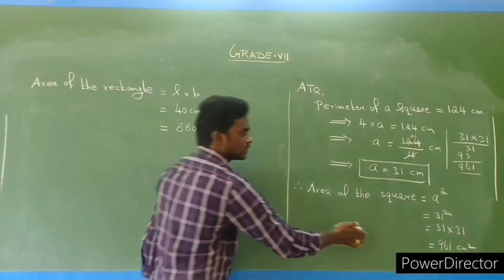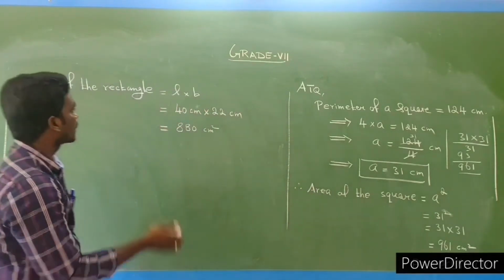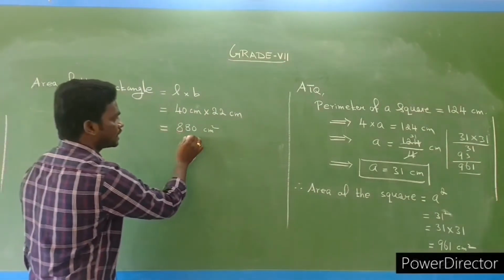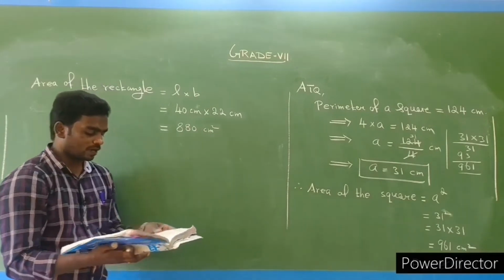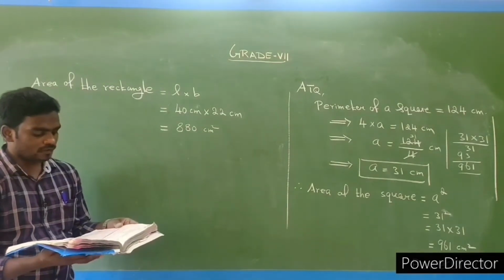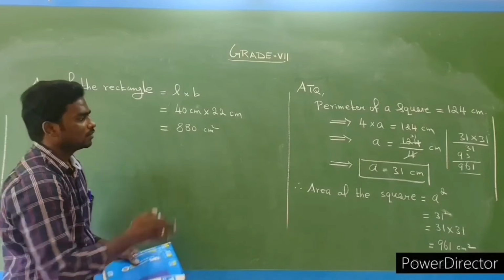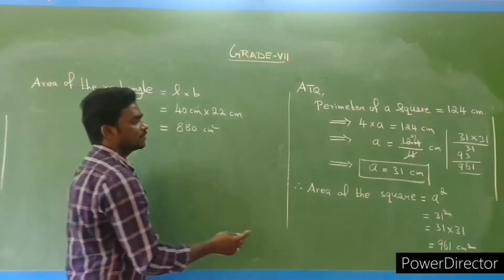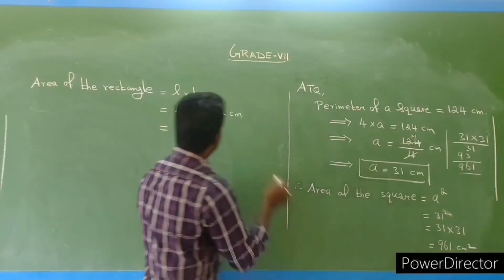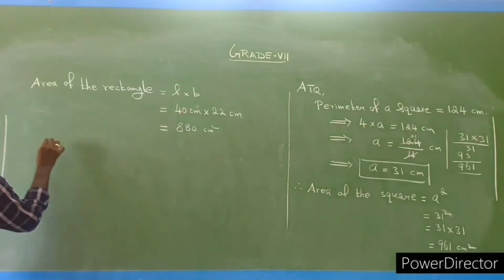So area of the square is equal to 961 centimeter square and the area of the rectangle is equal to 880 centimeter square. Finally, one question, what is given? Also find which shape encloses more area. We know which shape encloses the more area. Area of the square is greater than the area of the rectangle.